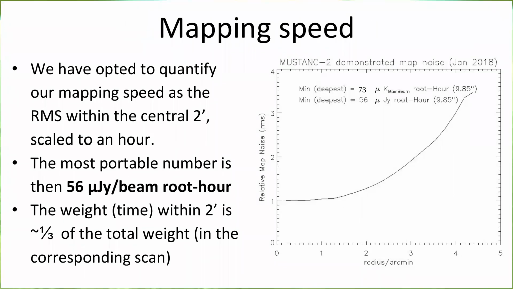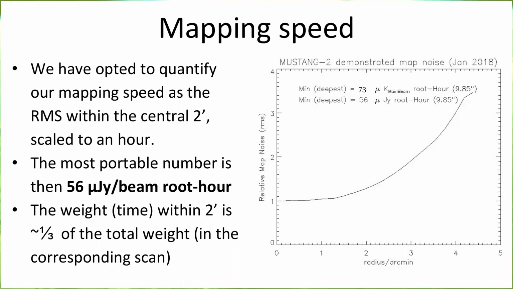All right, so I'll step back from data processing and get to a more fundamental quantity that you might be interested in as an observer, which is sensitivity, basically. Now, it depends on the scanning strategy that you want to employ for your observations.